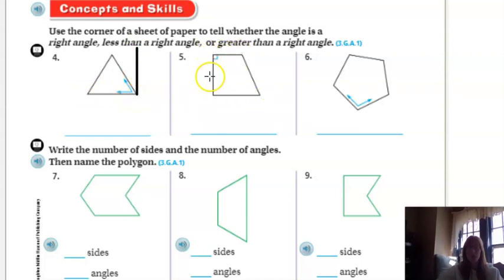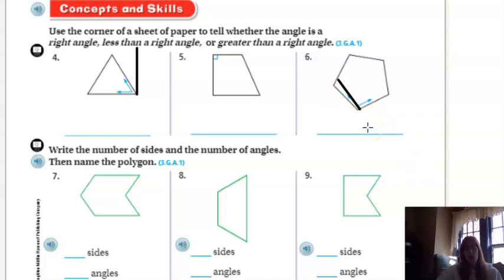Right here, you can see the angle is a 90-degree angle because they put a little 90-degree box. And then right here, you want to kind of turn it a little bit. That one is greater than a right angle. A right angle would be just about like that, so this is slightly outside, so that's an obtuse angle.